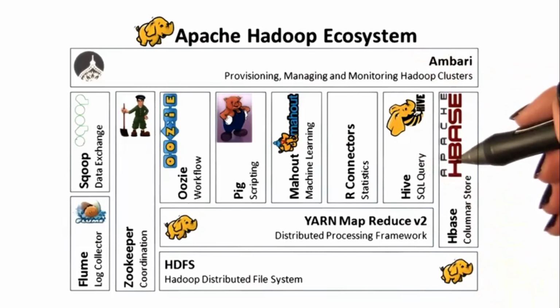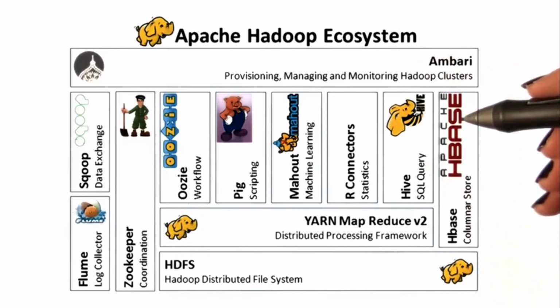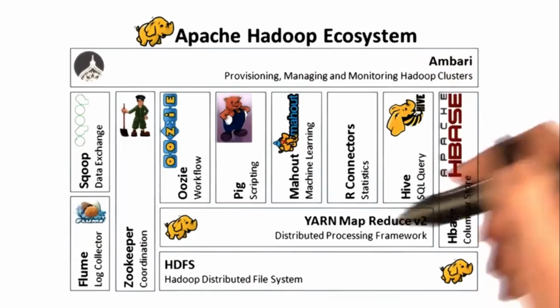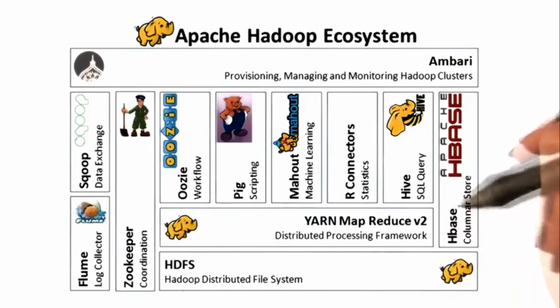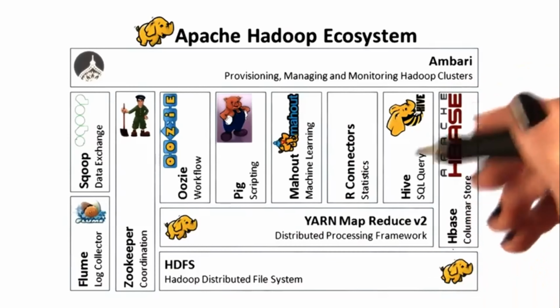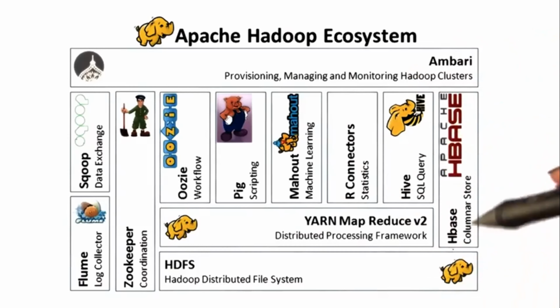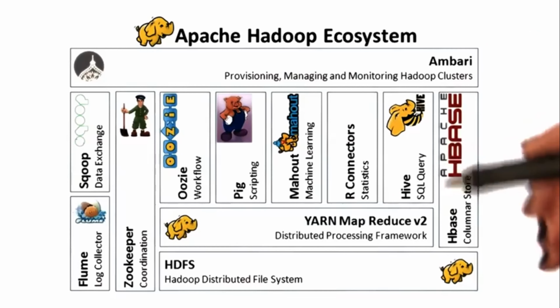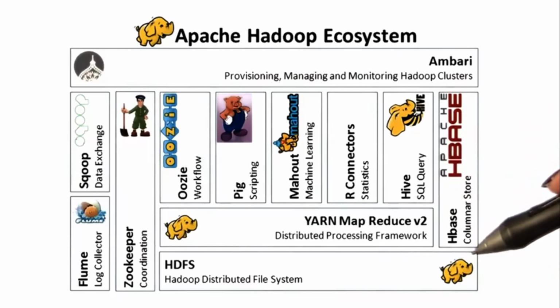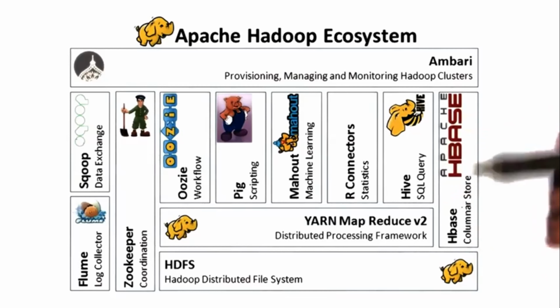There's a component, HBase, and this provides a table-like view of the stored data that is more similar to what we're familiar with in the context of databases, but it is not the same as the relational database representation of the data as we're used to in the SQL environment.